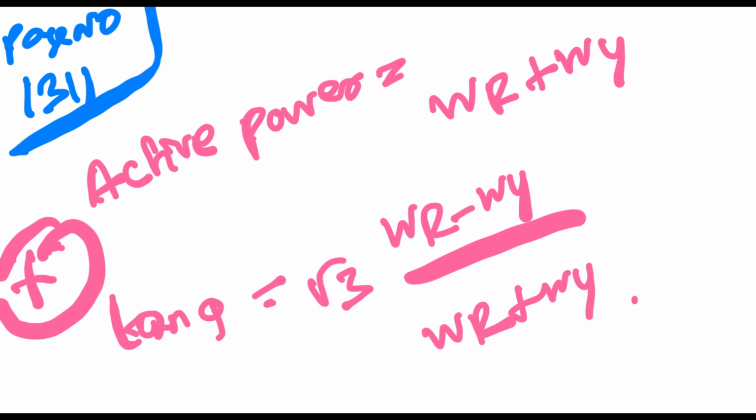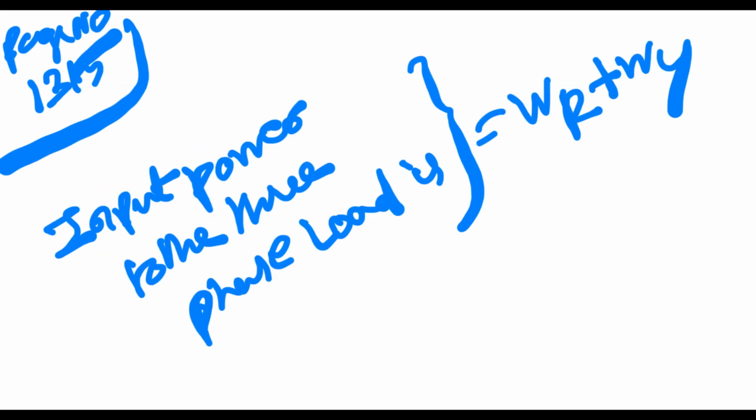Active power is WR plus WY. Tan phi is root 3 times (WR minus WY) divided by (WR plus WY). That is an important formula. Input power to the three-phase load is WR plus WY, where WR is the first wattmeter reading and WY is the second wattmeter reading.